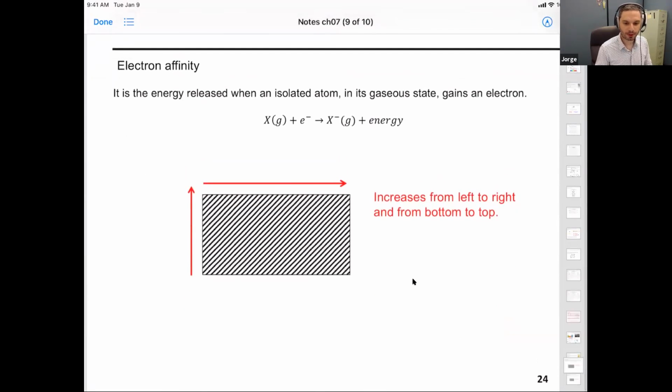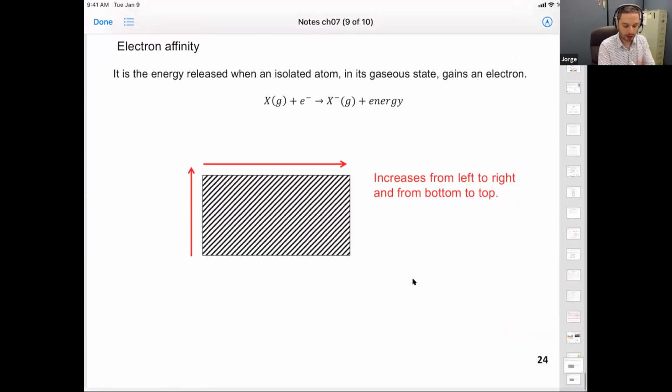Okay, so let's first start analyzing what happens across the group. We know that from top to bottom across the group, we have an increase in the radius.